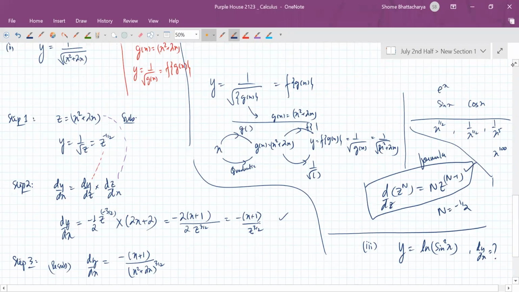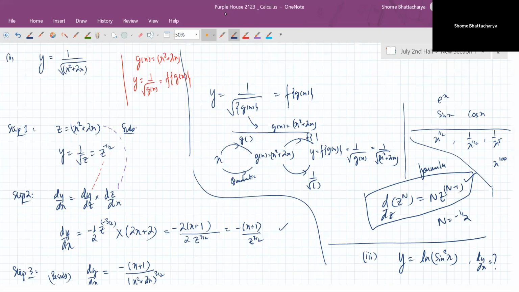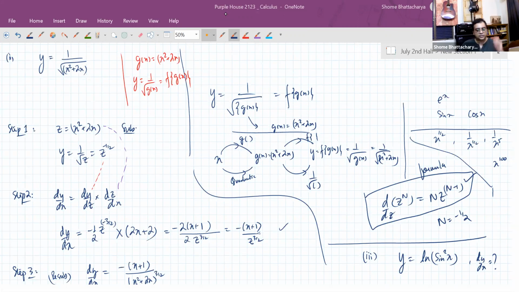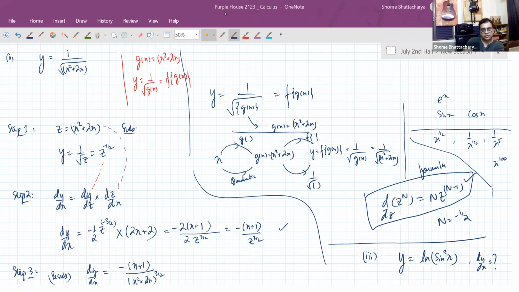Sir, in the third one, there are 3 functions. Yeah, it might look complicated, but I'll give you a hint. Is there some property of ln that you can use? Remember, I told you there are 3 properties of ln. See if we can simplify using that. What were the properties? ln of a plus ln of b is ln of a into b. That was the first one. Then ln of a minus ln of b is ln a by b. That was the second one.